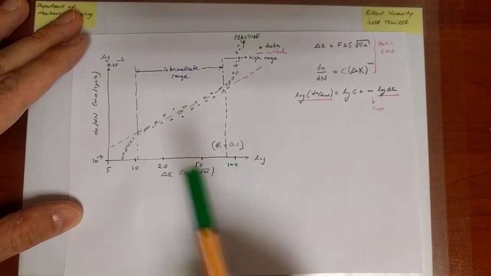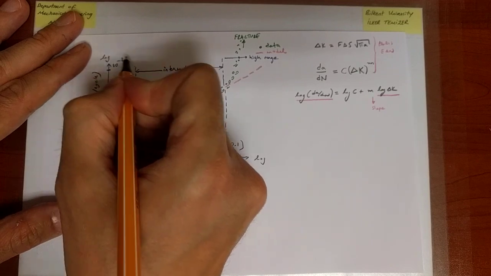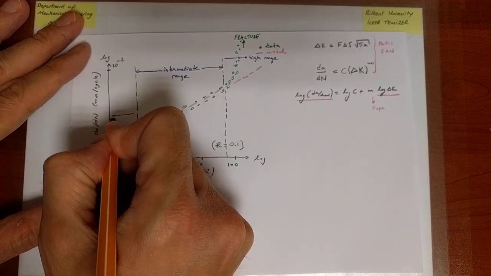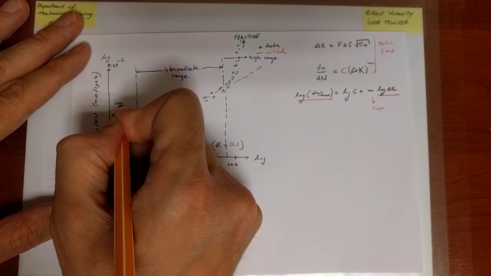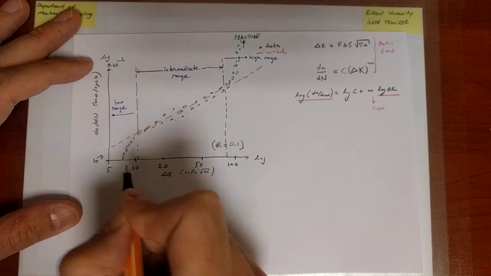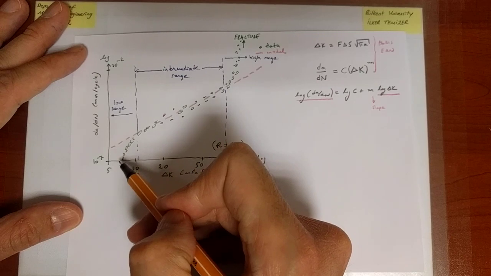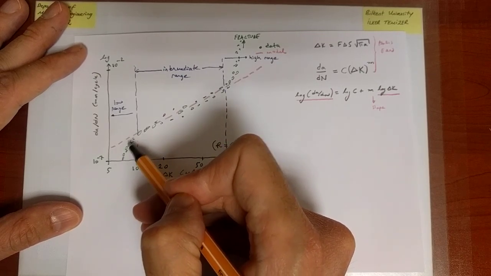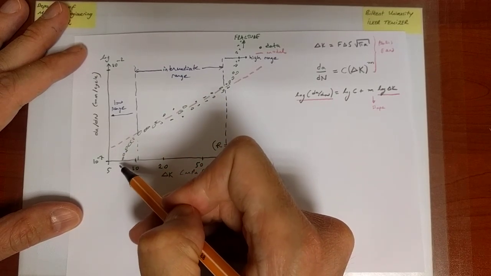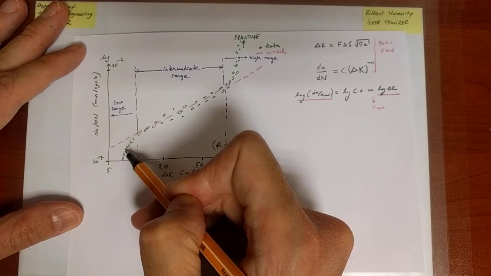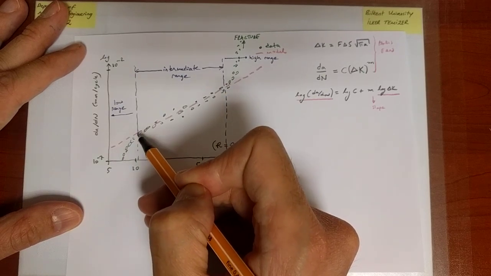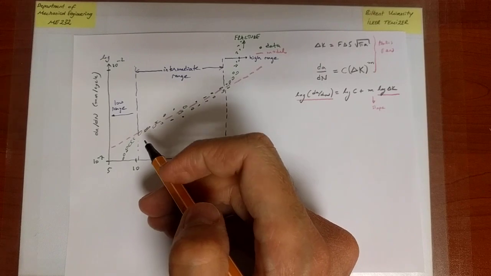Now, if we look into the other extreme, let's call that the low range. In the low range, something slightly different happens. In fact, it's the opposite. Here, the crack growth rates are very, very small. Yes, they are also changing very rapidly. It's not a line.